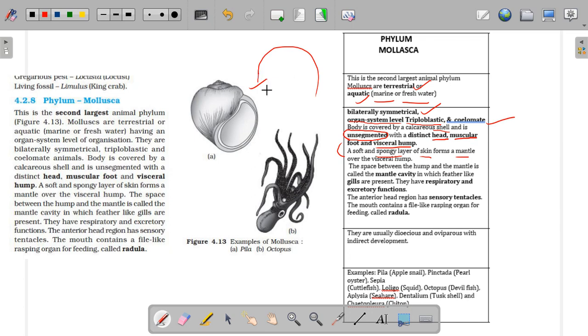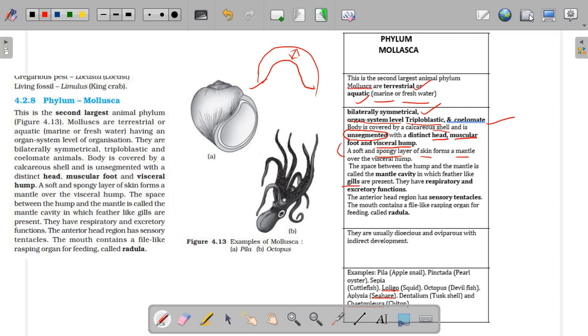The space between the hump and the mantle is called the mantle cavity, in which feather-like gills are present. So gills are meant for the respiratory system. They have respiratory and excretory function also.